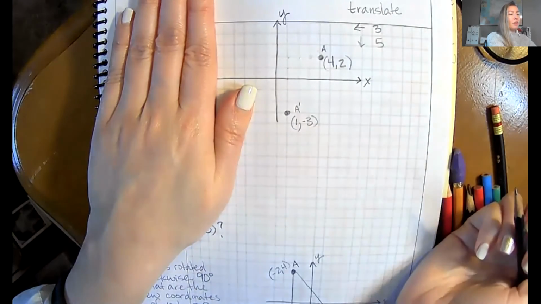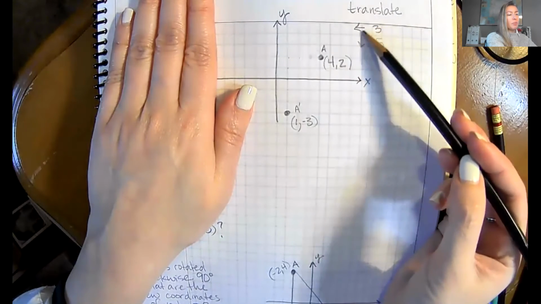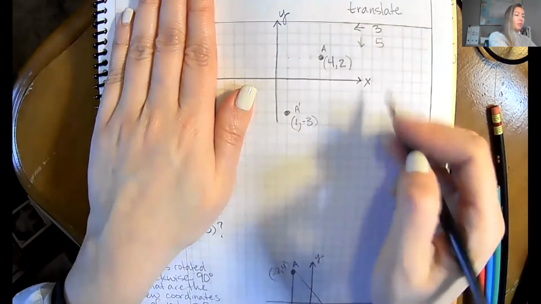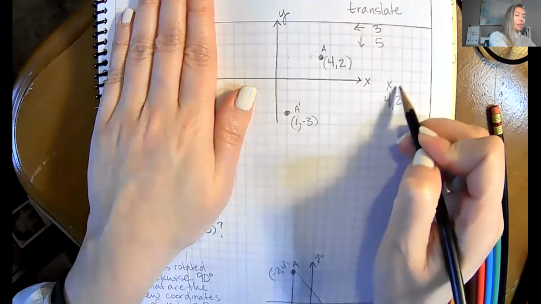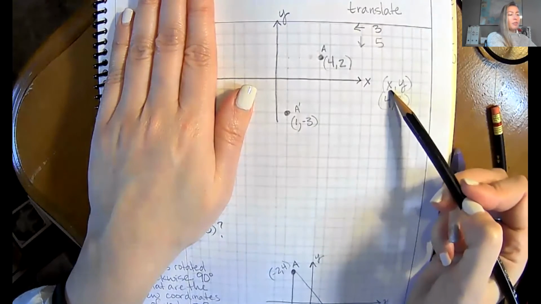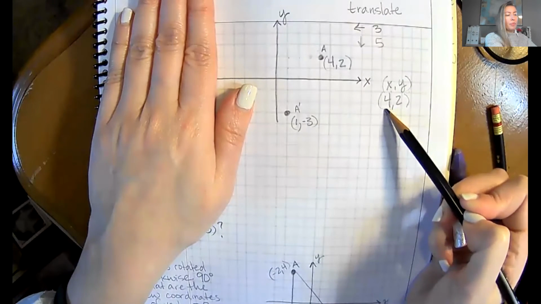But if you didn't have the graph there, you can translate this point just by using the numbers, right? So I'm going to take 4, 2. And that's in the form x, y. X always comes first in the alphabet before Y, and so I always put that one first here.